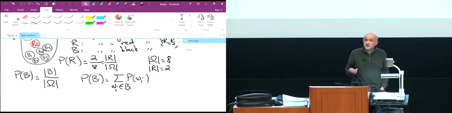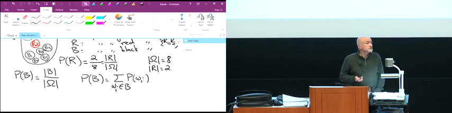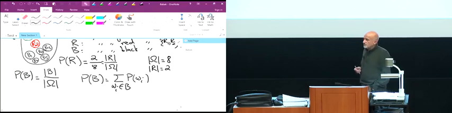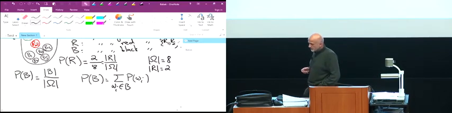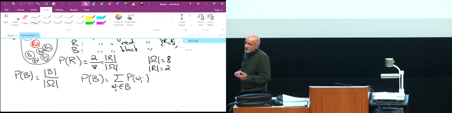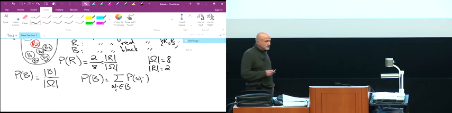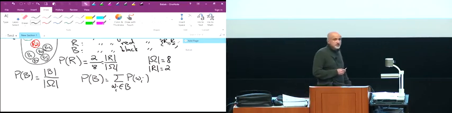Why can I add them up? Because they're what? The axiom. They're mutually exclusive, all these sample points. So to figure out the probability of an event, I simply add up the probabilities of all the sample points that belong to that event.